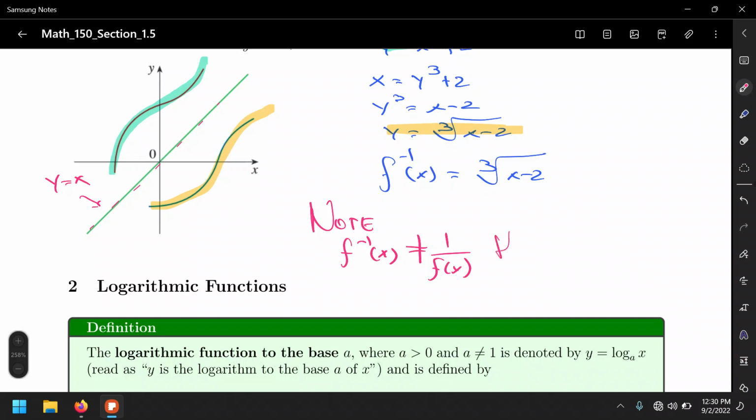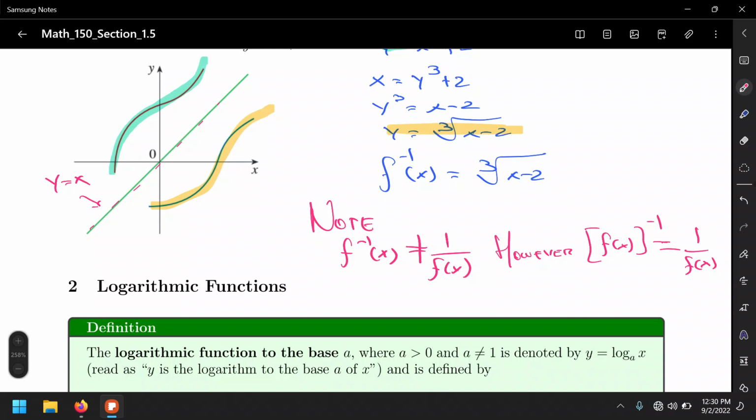However, a function f of x to the negative 1, this is equal to finding its reciprocal. Alright, so the position of this negative 1 symbol matters. If it's right on top of the letter f, it means inverse function, not reciprocal function.